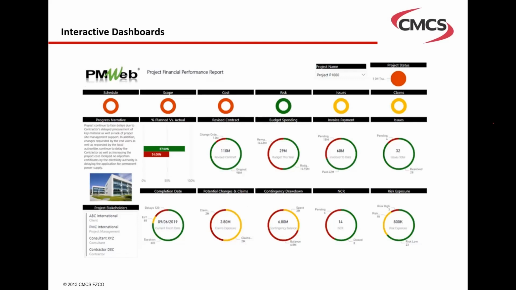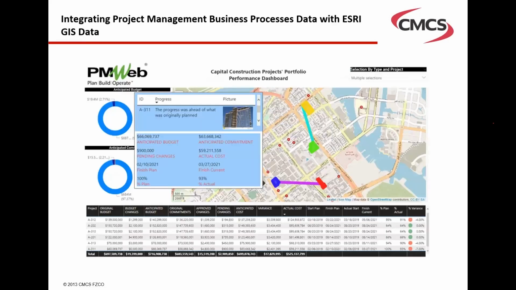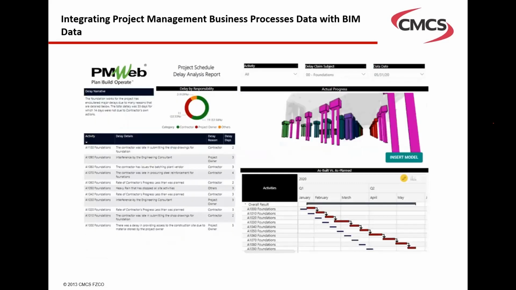Again, you can have more interactive progress reports that can add all this information and are better used or shared with senior stakeholders, even at enterprise level. I can associate this data not only with maps, I can associate this data with my BIM model.